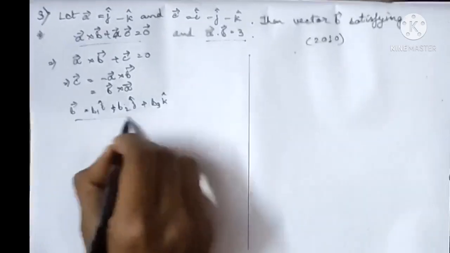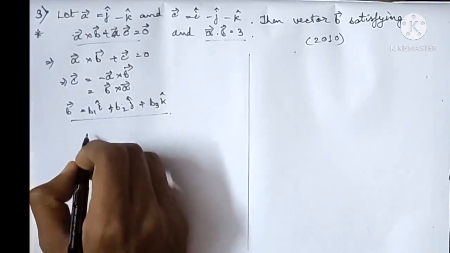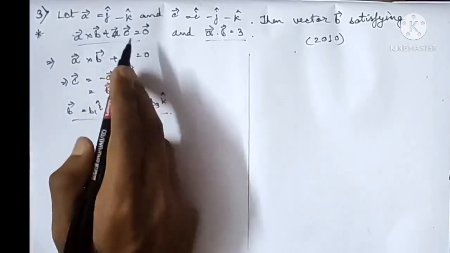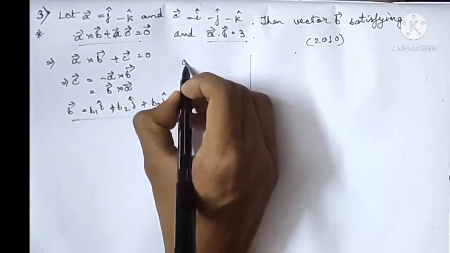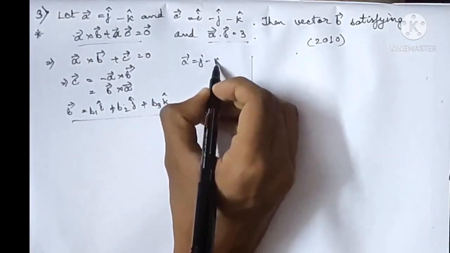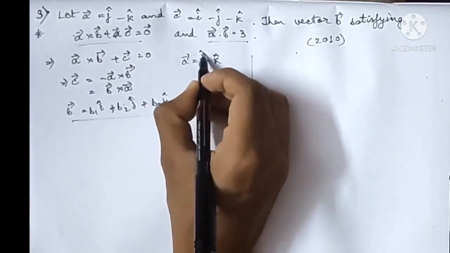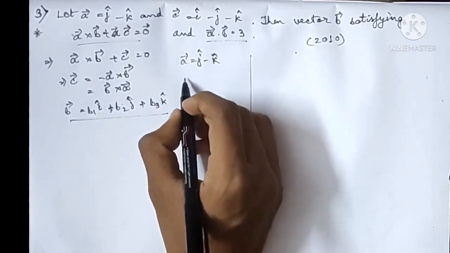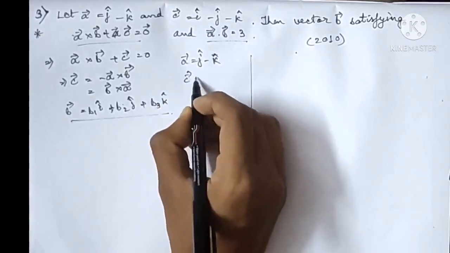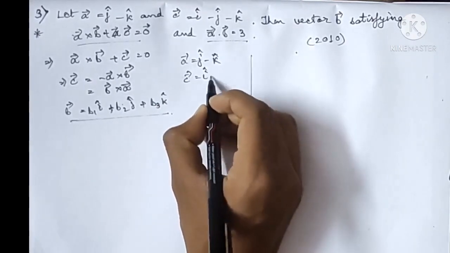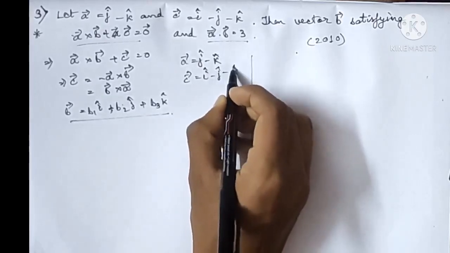Okay, so this is a B vector, and now we already have the A vector as j cap minus k cap and C vector as i cap minus j cap minus k cap.